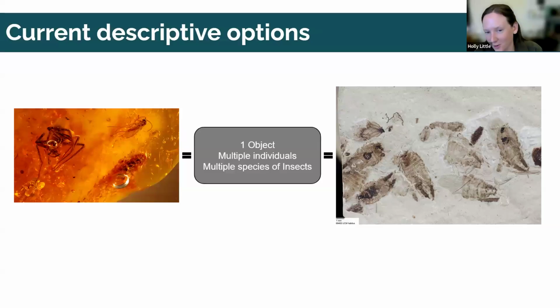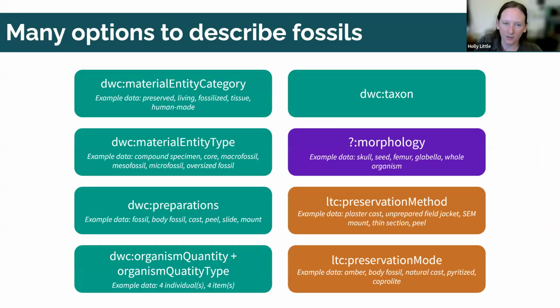And actually, you might not know it's one object with many individuals. It depends on how someone decides to publish their counts, and possibly with multiple species of insect. So you would know you have a fossil insect, but that's about it. Just as an example of where material entity type could start to help us better describe what these things are. Okay, now you can go back.